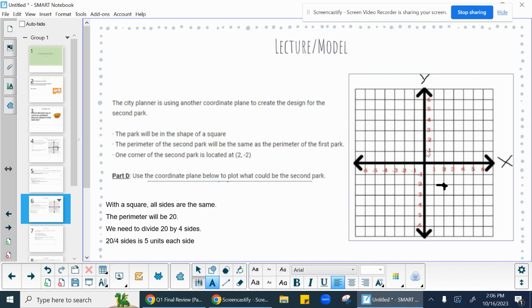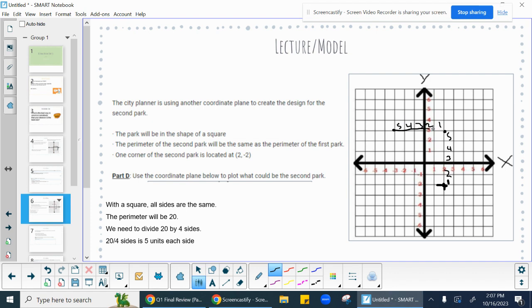So now we're going to start at 2, -2, and we're going to count up 5 units. 1, and then 2, 3, 4, 5. So that's my first side. And then 1, 2, 3, 4, 5.